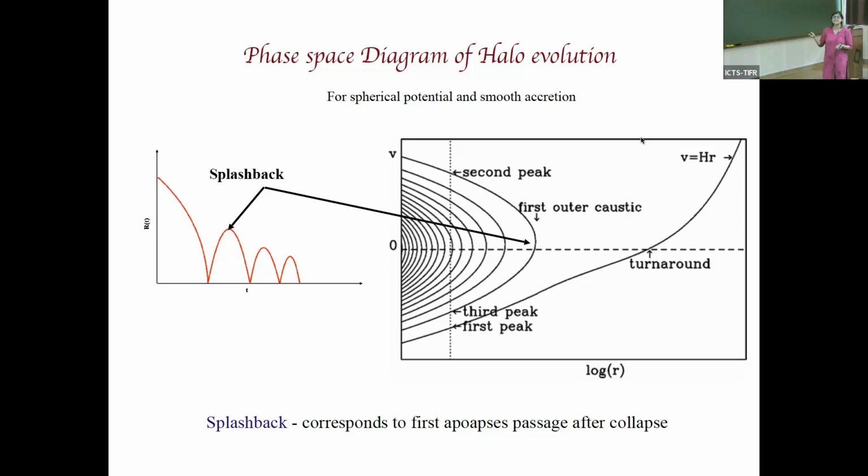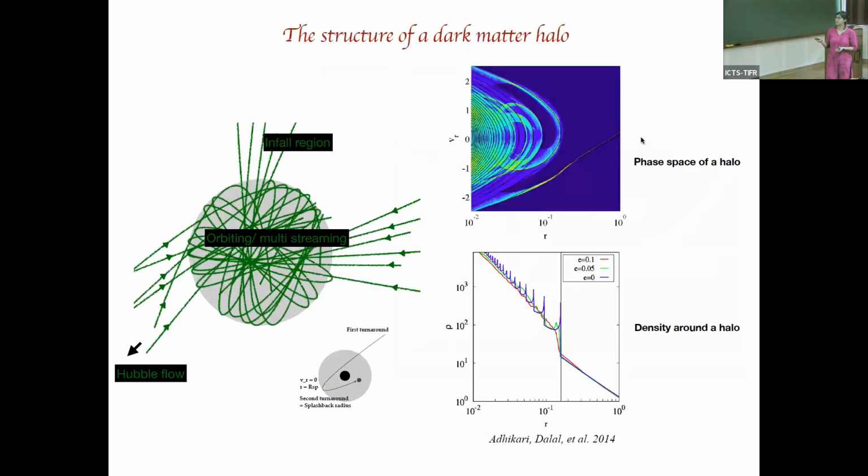As these particles, in a growing potential, approach the first apocenter of their orbits, they chalk out two distinct regions separating this orbiting region from the infall region. So the surface of these particles approaching apocenter is what separates the inner multi-streaming region of the halo from the outer infalling region.